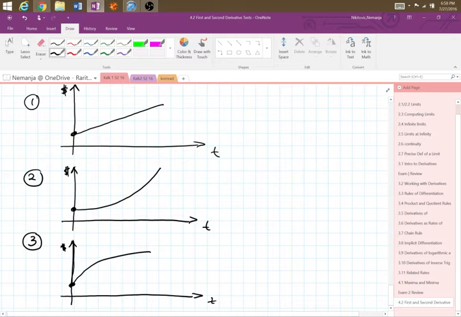Is it 2 or 3? Should we take it outside or something? 2 or 3? 2. Why 2? Sorry? They all go up forever. All 3 of these go up forever.